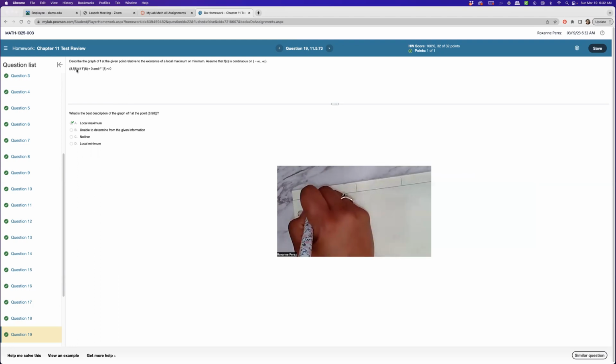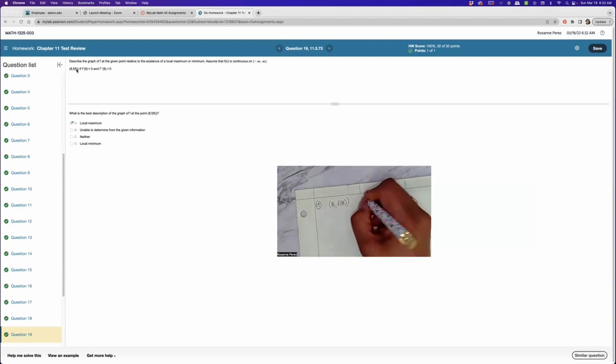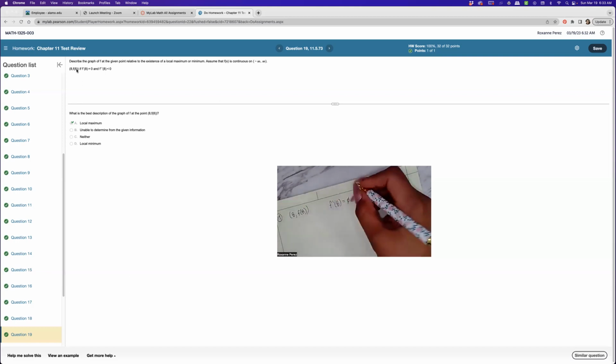So they're telling you you have your first point, x equals 8, f evaluated at 8. So some point on your graph where x is 8, and then you evaluate your function at x equals 8. If f prime at 8 equals 0, this is telling you you have either a local min or local max.